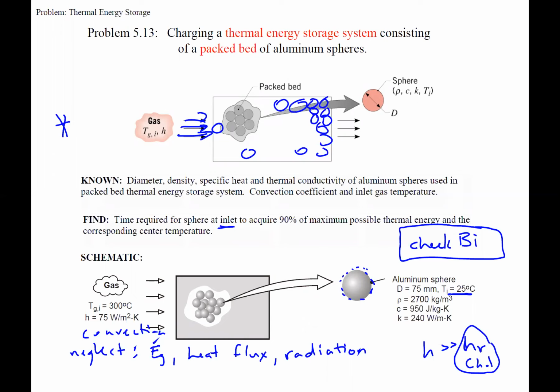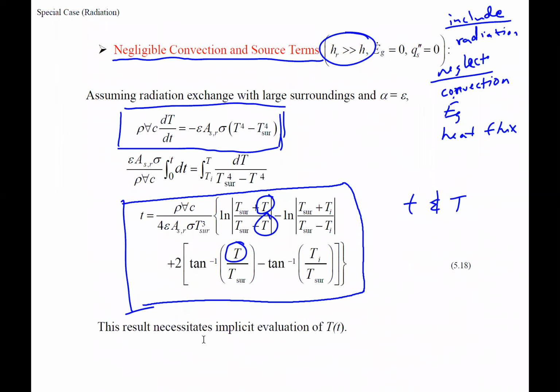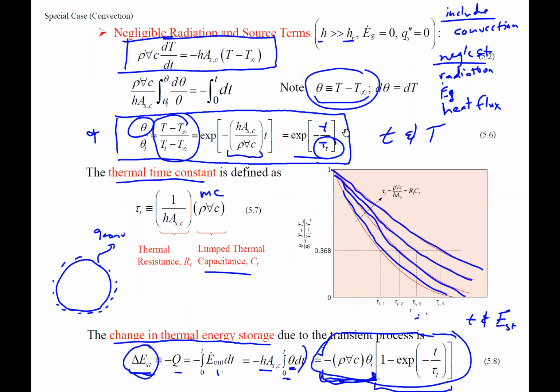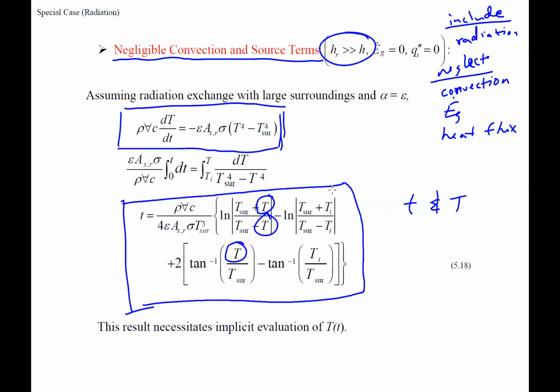All right, so we include convection, and neglect energy generated, heat flux, and radiation. Okay, so this is our slide that has applied that to the conservation of energy. We have these equations. We have this one down here, and we have this one here. This one relates time and temperature, this one time and energy stored.